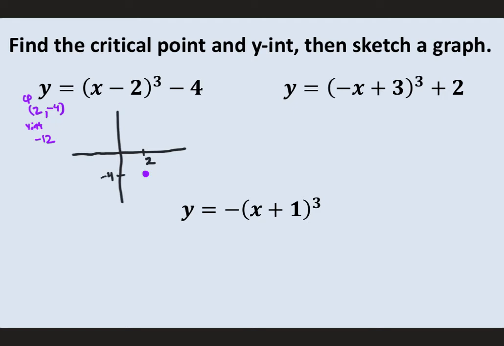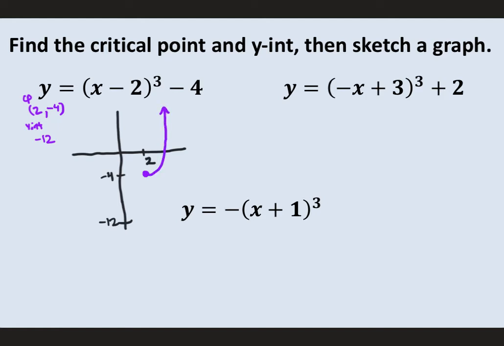Now I'm going to extend my axes down just a little bit, and I'm going to say this is -12 for my y-intercept. And then here's what I'm going to do. On one side, I'm going to go up. Since this is a positive value in front, nothing there, so it's a +1, on the right side, I'm going to draw my graph heading up, like an up half of a parabola.